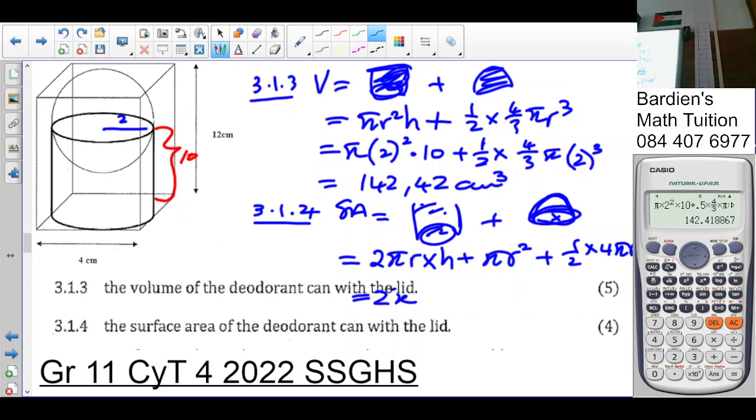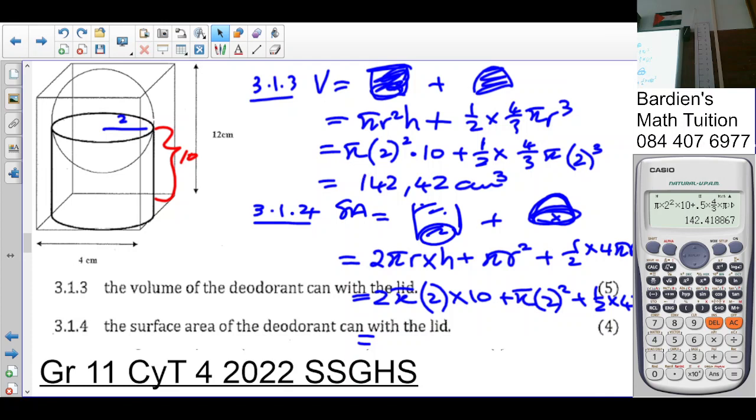It's going to be 2 pi, the radius is 2, times the height of the can, which is 10, plus pi times 2 squared, plus a half times 4 pi times 2 squared. So that gives us 2 pi times 2 times 10 plus pi times 2 squared plus a half times 4 pi times 2 squared.